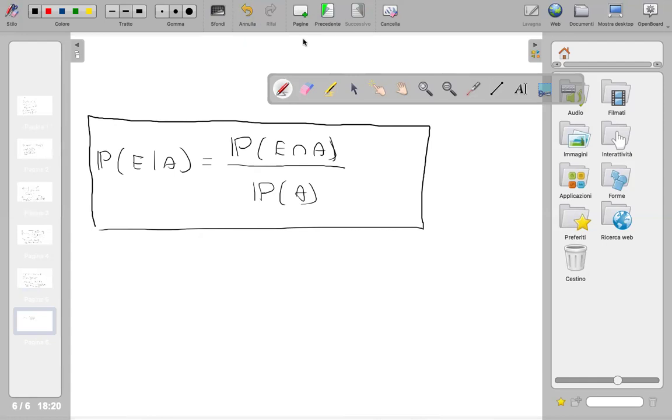So this is the only way in which it makes sense to do a conditional probability. And let me repeat, how do we obtain it?